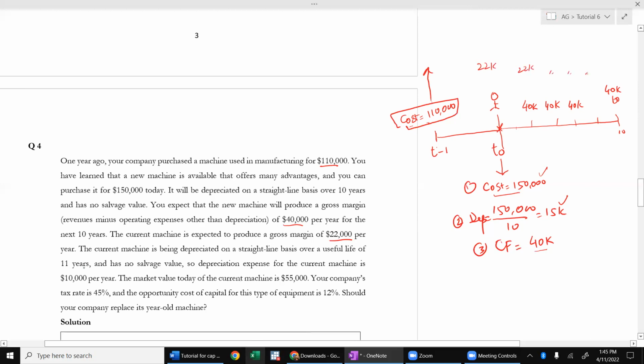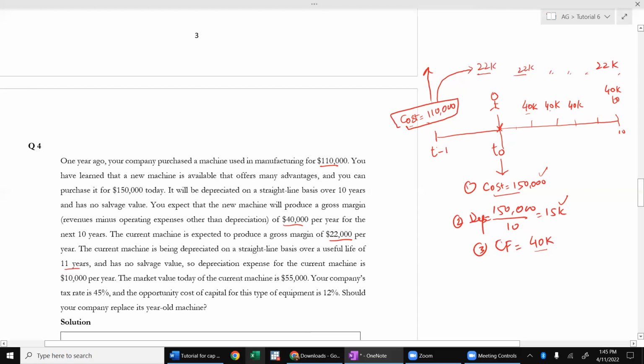For how many years? 11 years, because its useful life is 11 years. We bought it last year, so it was giving us 22,000 already. So it means this machine was giving us a gross margin of 22,000 for 10 years. The new machine that we are thinking to buy is going to give us 40,000 every year for 10 years.